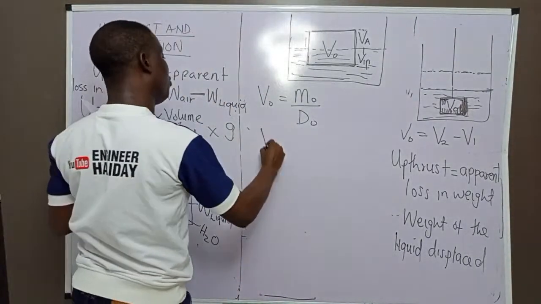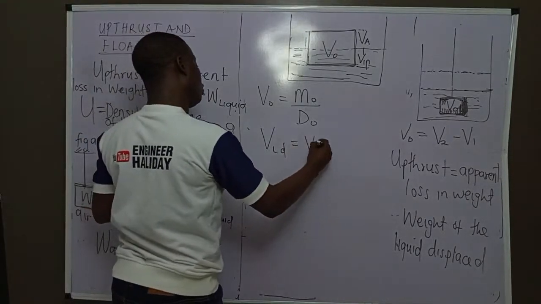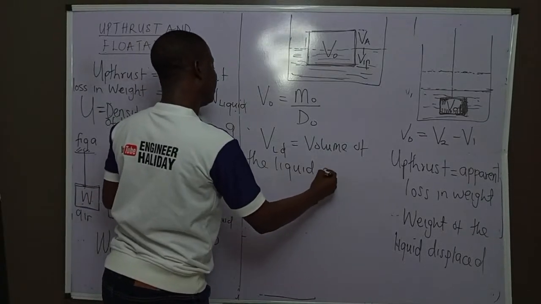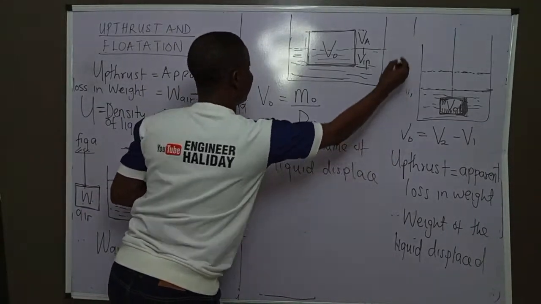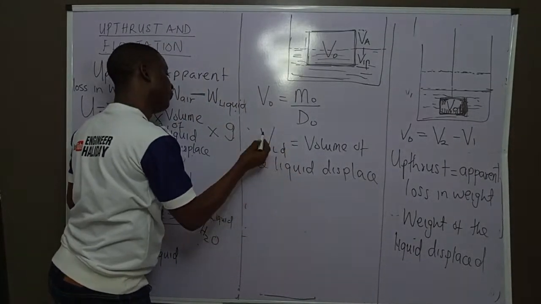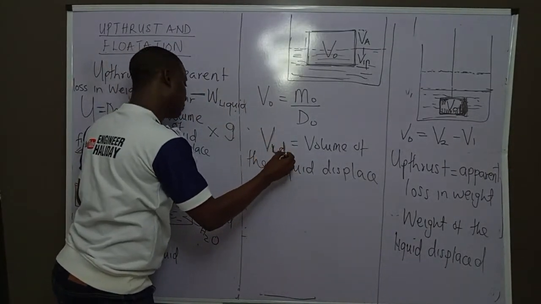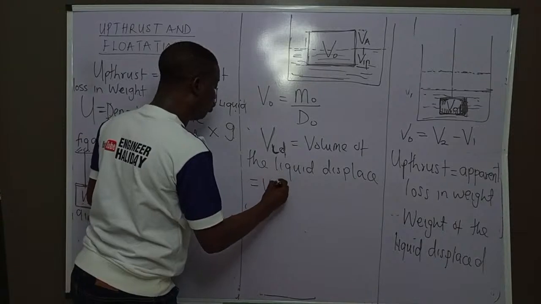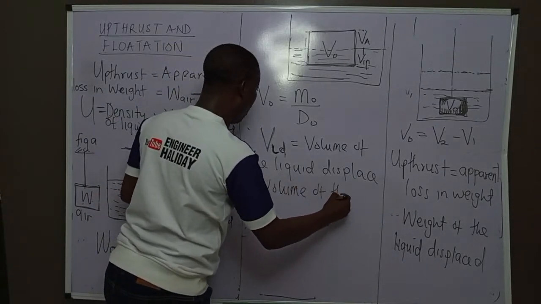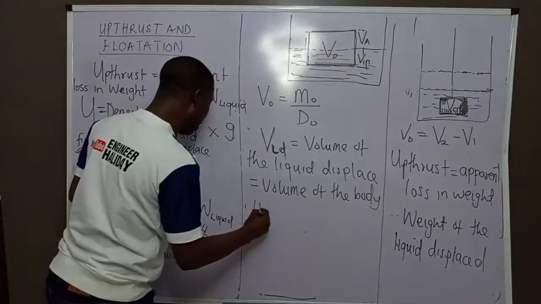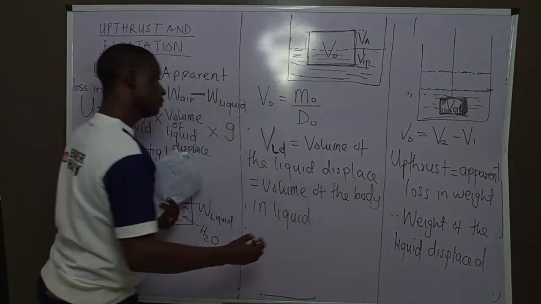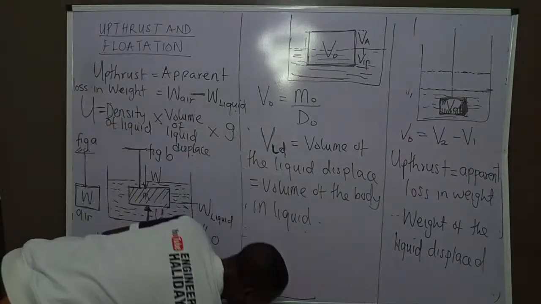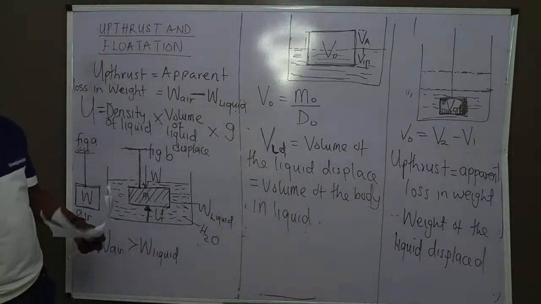So volume of the liquid displaced, which I write as VLD, is equal to volume of the body in liquid. So volume of the liquid displaced is actually talking about the volume of the object in water.